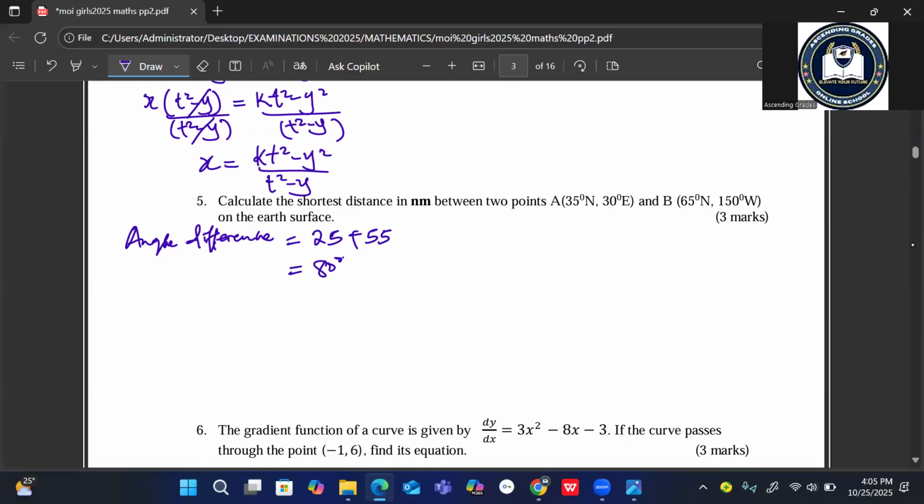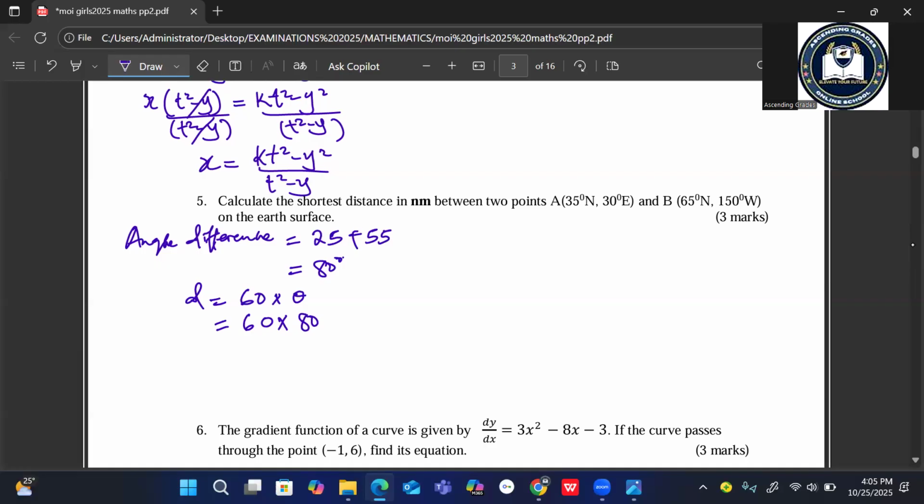Then we can still use our formula D, which gives us D is equal to, they want us to calculate the distance in nautical miles, so we multiply 60 times theta. And we have 60 times our theta, which is 80.